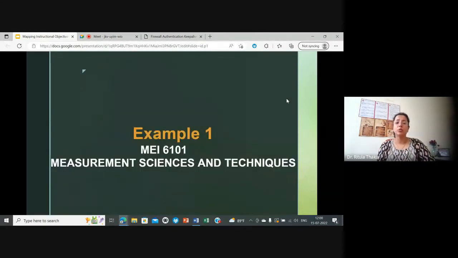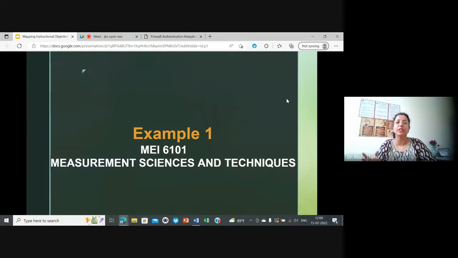Now, I've taken one example of one of our subjects, measurement sciences and techniques, which is taught at our ME level. This subject is very elementary, at a very basic level, so that is why I have taken this example. One more subject I will be taking is one in which more analysis is required.